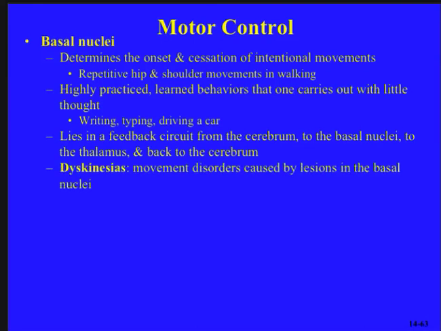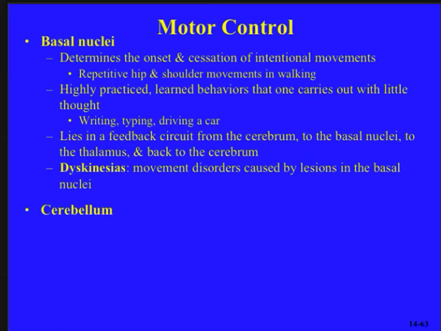Dyskinesias are movement disorders that are caused by lesions in the basal nuclei, and dyskinesia would be essentially motor activity that is not controlled.